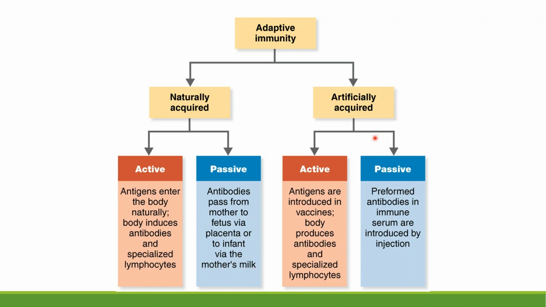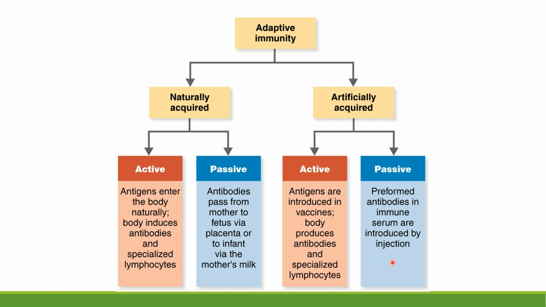And artificially acquired, we can break down into active or passive as well. Active, again, you have direct exposure to those antigens yourself. So this could be through a vaccine. The vaccine is injected into you, and you develop your own antibodies and specialized lymphocytes. There's one other way that we can have a passive form through artificially acquired, and that's where instead of you being directly exposed to the antigen, you're just given the antibodies. This occurs sometimes with anti-sera.